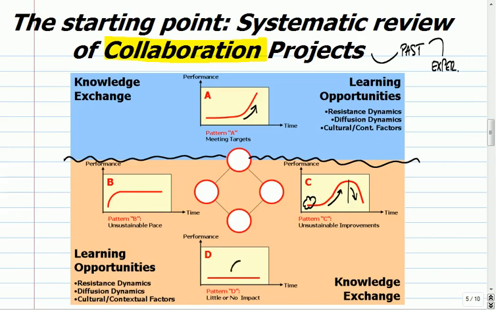Or you have cases where organizations start sending these signals, let's work together across silos, but basically nothing happens because people are not willing to move. And there are also cases where we succeed in increasing collaboration a little bit, but actually it is not the type of continuous improvement that we would like to have, like in this case.